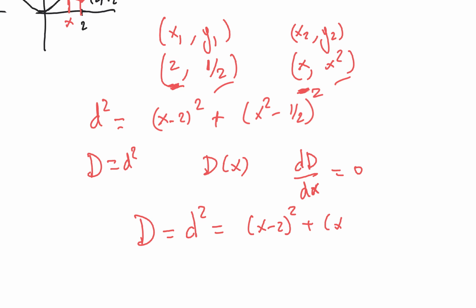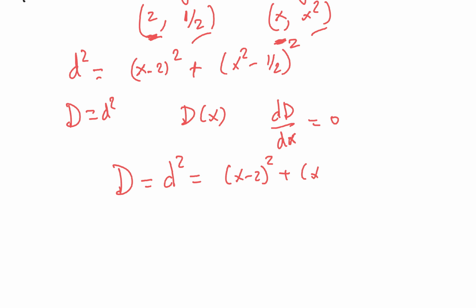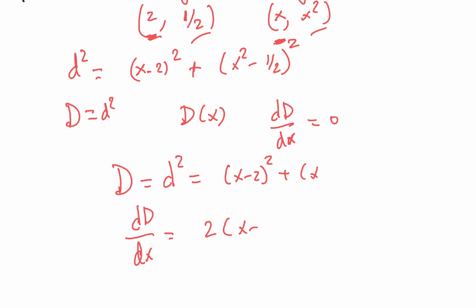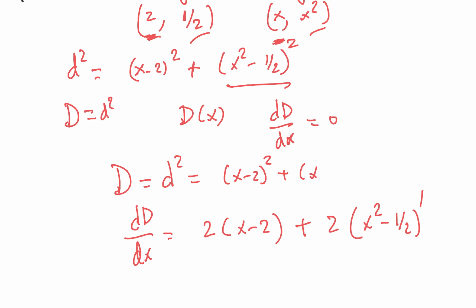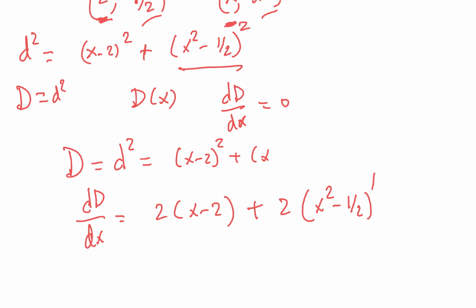So what is the derivative of x minus 2 squared with respect to x? It is 2 times x minus 2. And the derivative of this is 2 times x squared minus 1/2 raised to the power 1, times the derivative of x squared minus 1/2, which is 2x. And this should be equal 0.